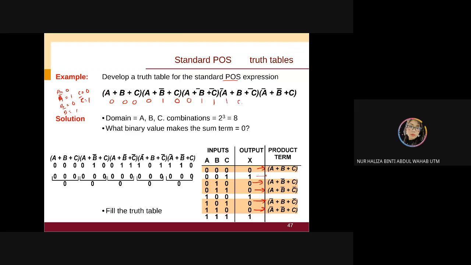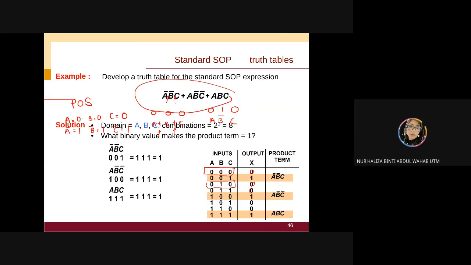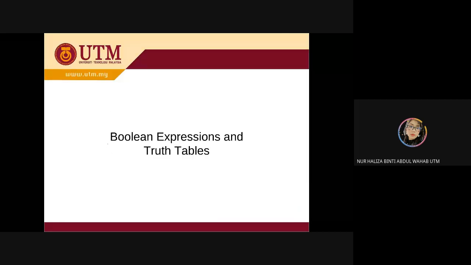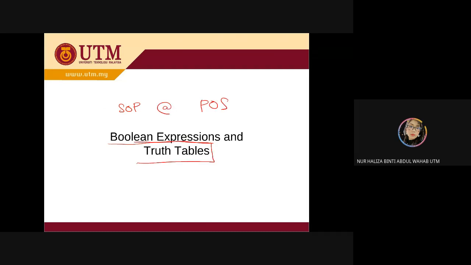A bar, B, C bar. A bar, B bar, C. So all these values you're going to put as 0 for the output. So this is the correlation between your Boolean expression, either SOP or POS. You can also relate it to your truth table.